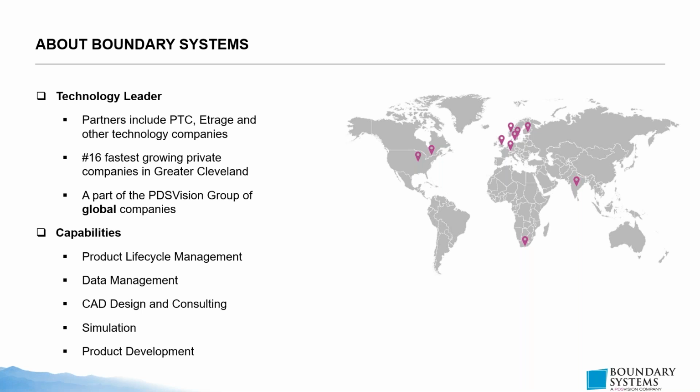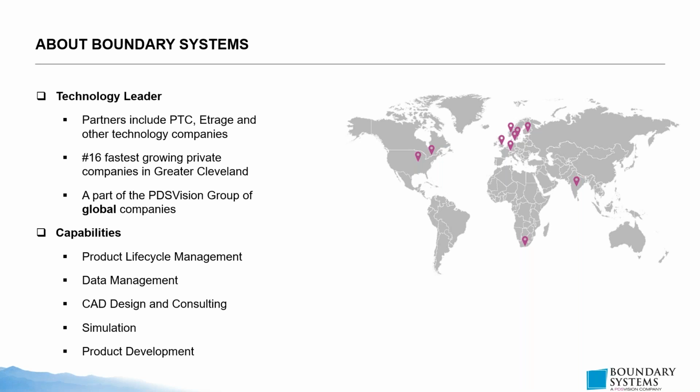About Boundary Systems, we regard ourselves as a technology leader. We partner with PTC, Utraj, and other technology companies to make sure that we deliver a comprehensive solution that meets all our customers' needs. We are also the number 16 fastest growing private company in the Greater Cleveland area, and part of the PDSVISION group of global companies.